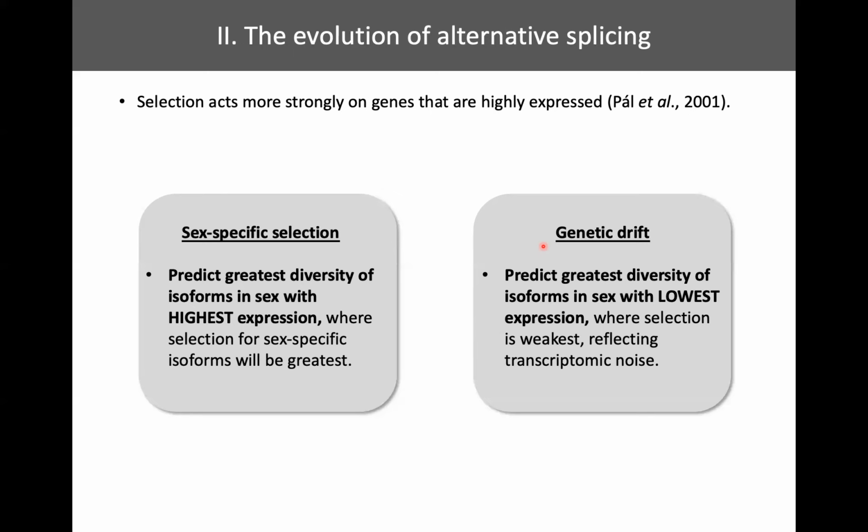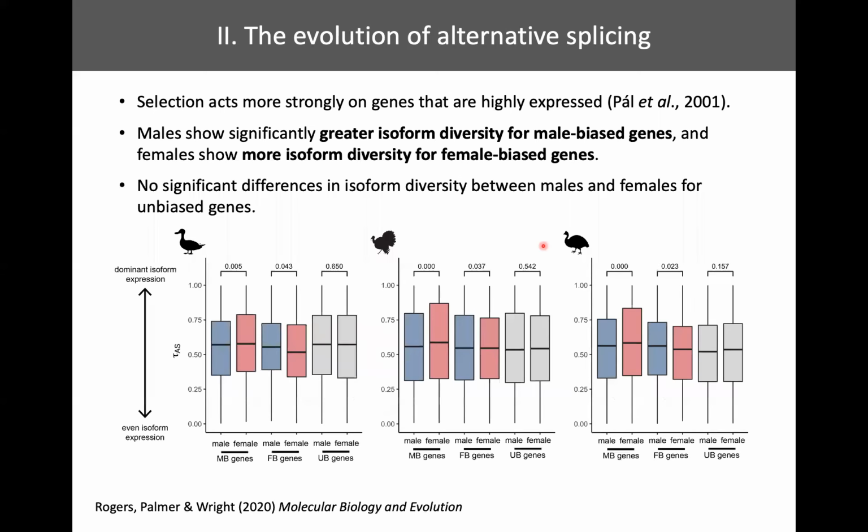So to test this, we developed an isoform specificity index, which we called tau-AS, to quantify variation in isoform abundance per gene. Here on the y-axis of these box plots is the isoform specificity index tau-AS. Low values of this index indicate an even representation of isoform abundance, and high values show that a single isoform is always expressed.